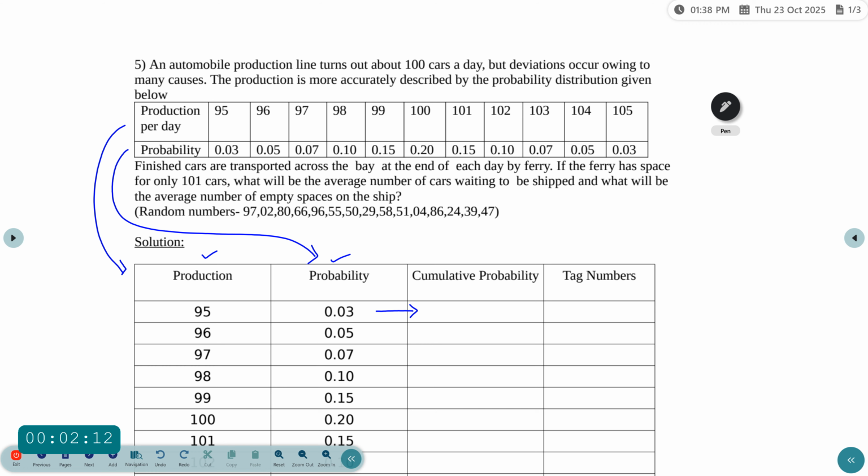So the first cumulative probability value is 0.03. The second cumulative probability value is the sum of the first two probability values, that is 0.03 plus 0.05, which is equal to 0.08. Similarly, the third one is the sum of the first three probability values, that is 0.15.